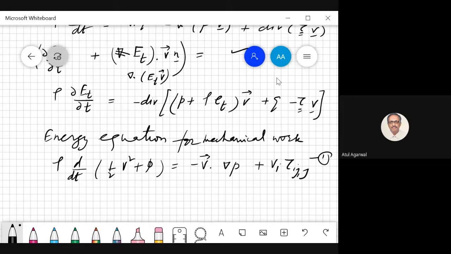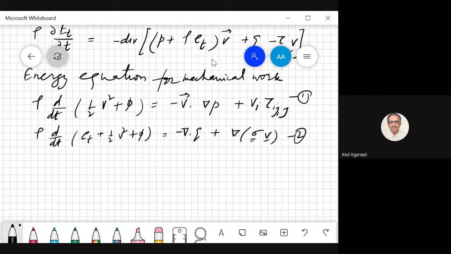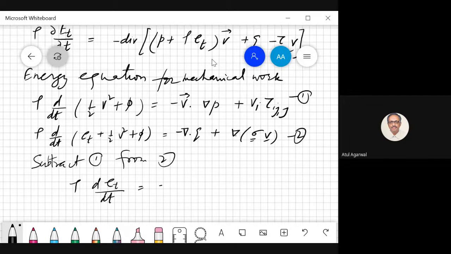Then the second equation becomes... so if we subtract 1 from 2, you see what happened?